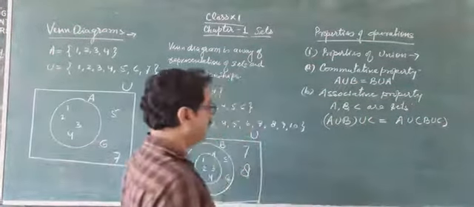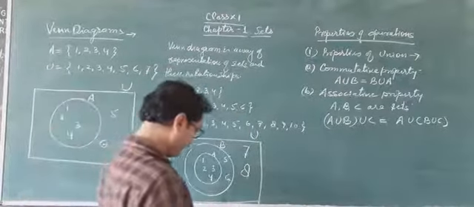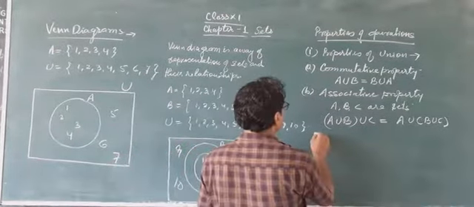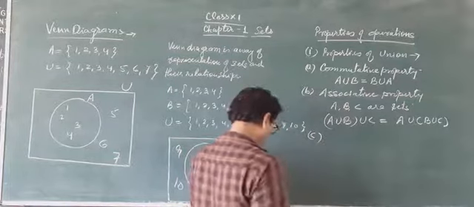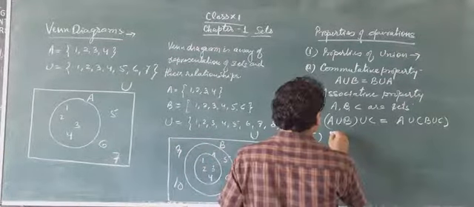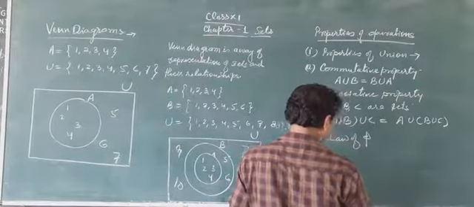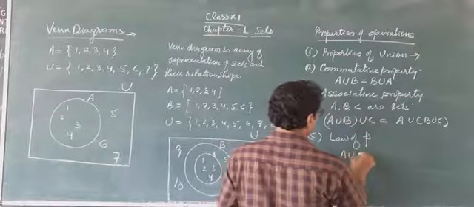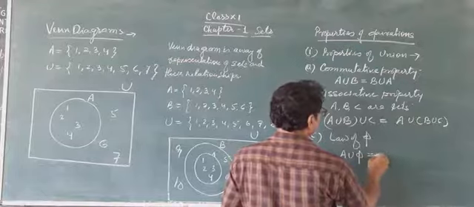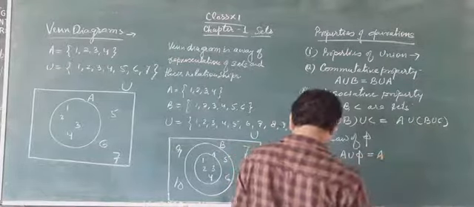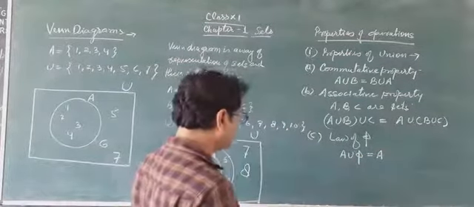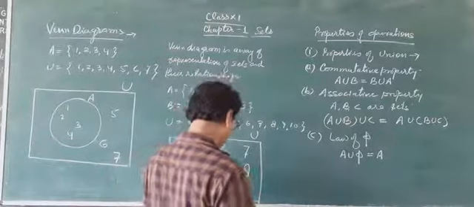So this is the associative property. Next one is the law of the null set, which means A union phi is equal to A.